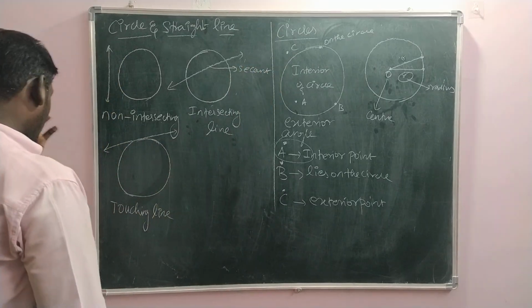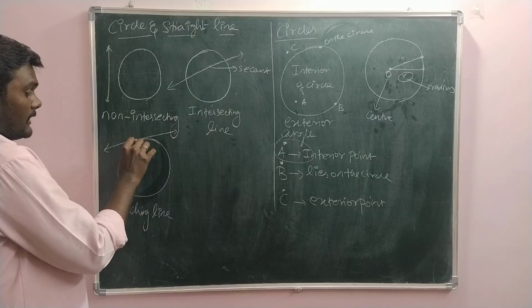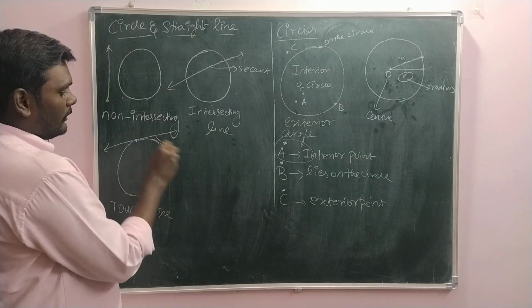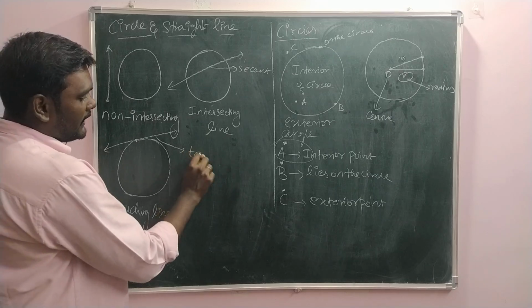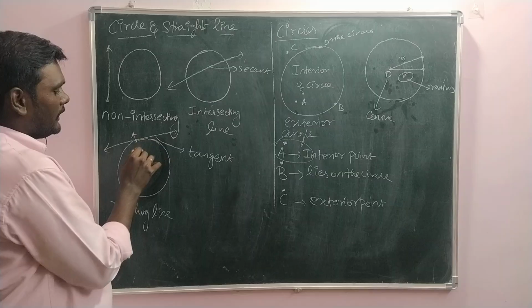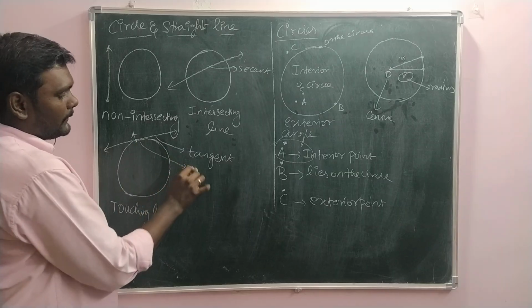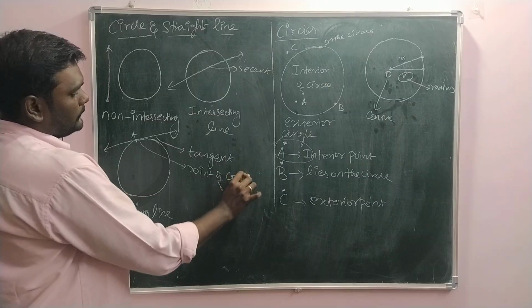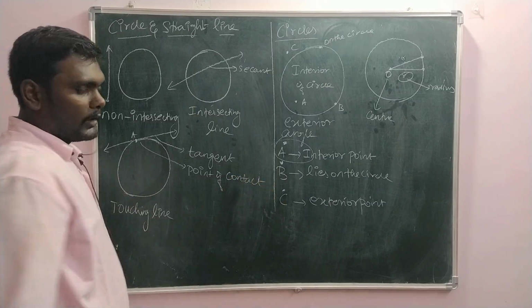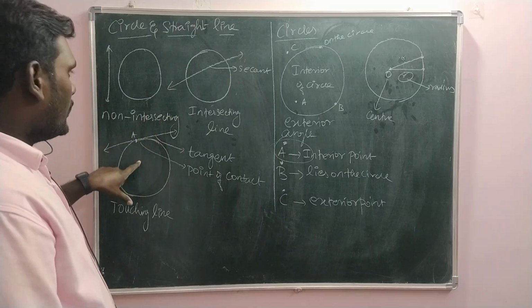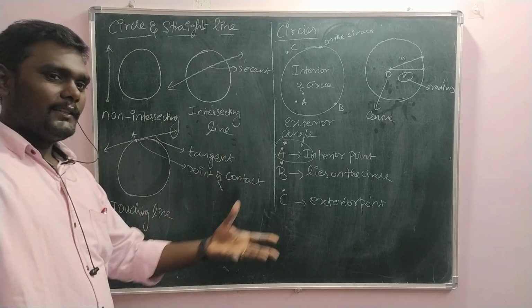And if a line touches the circle at exactly one point, then we call this line a tangent, and this point is called the point of contact.